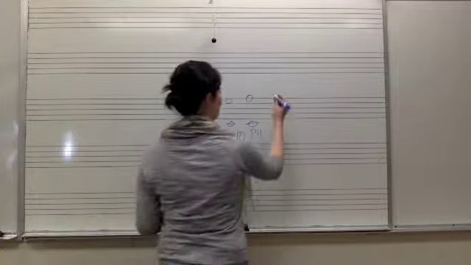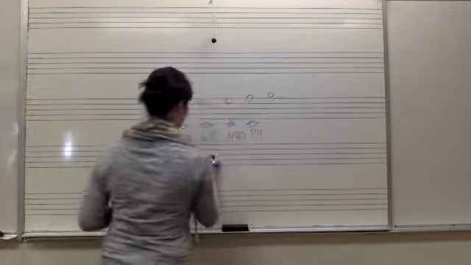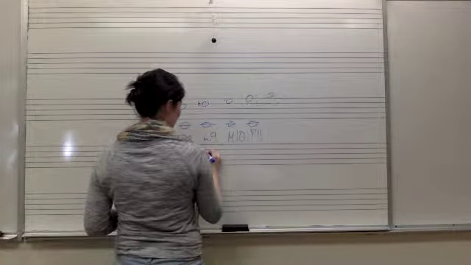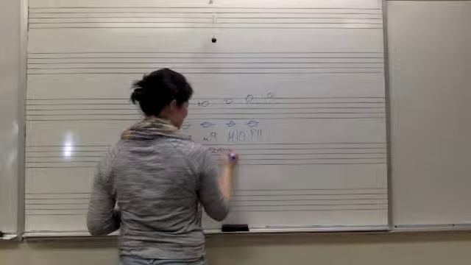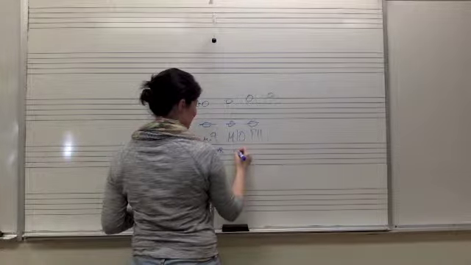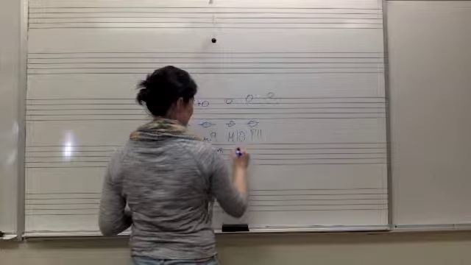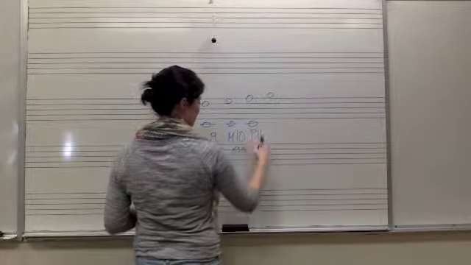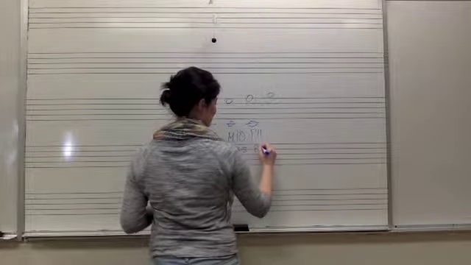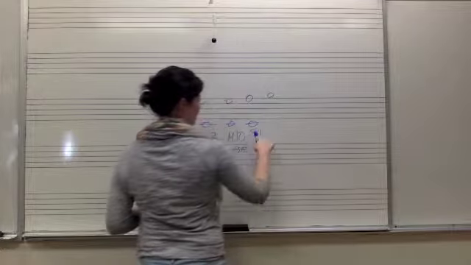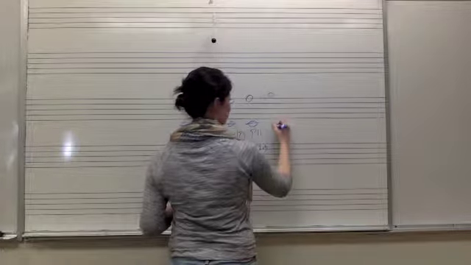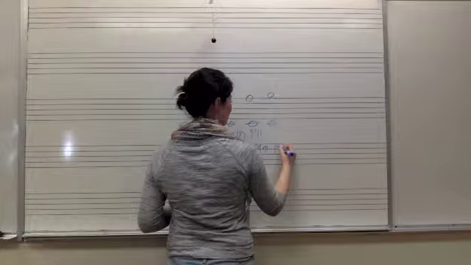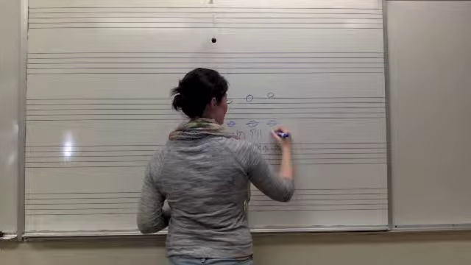This is the equivalent of a perfect 4th plus 8, but we just call it a perfect 11th. If you go up to G, it's a perfect 5th plus an octave, or perfect 12th.